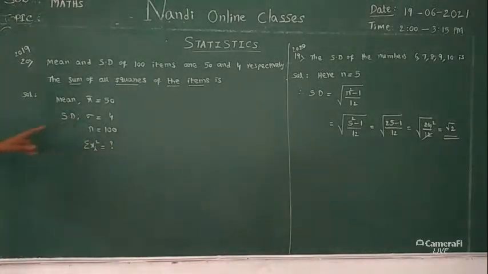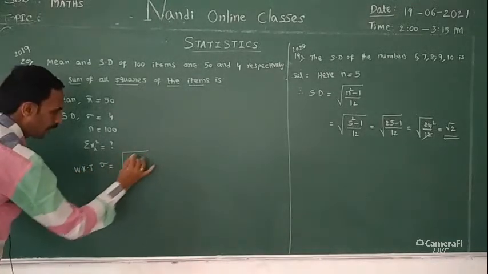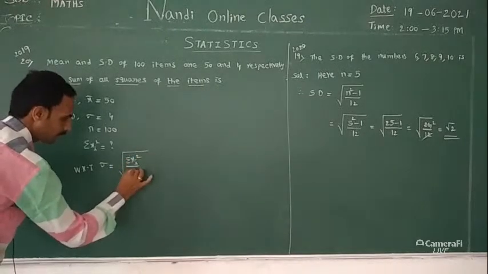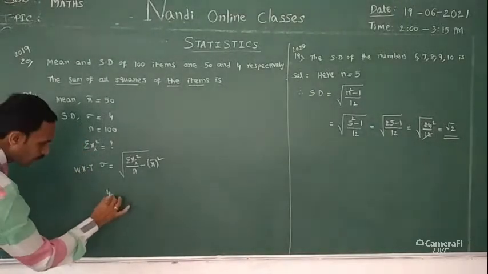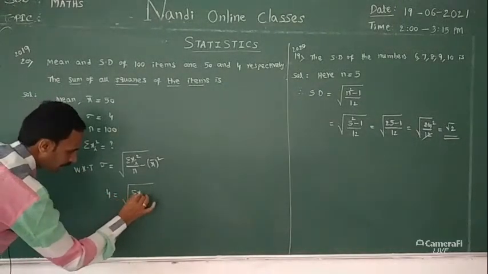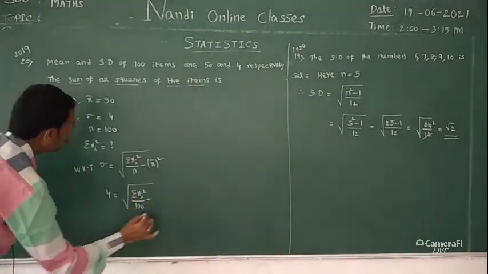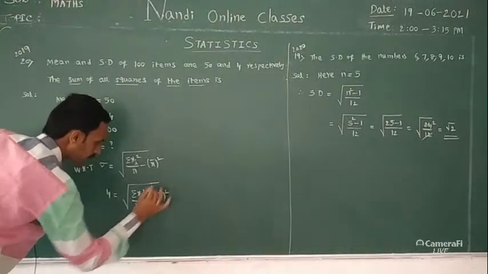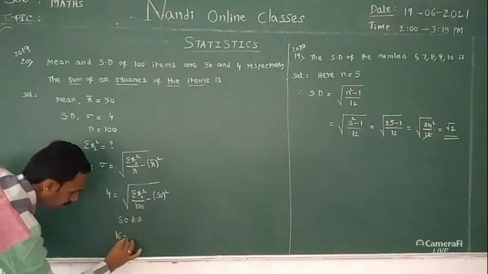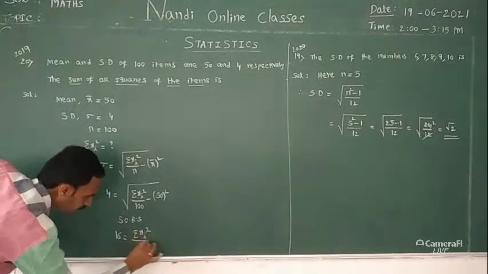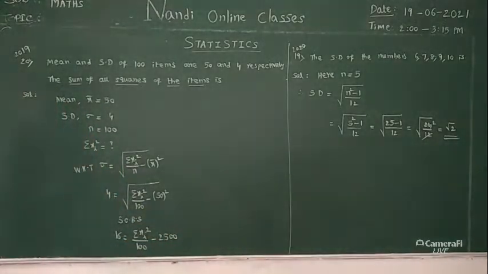Apply the standard deviation formula. We know that sigma formula is root of summation xi square by n minus x bar whole square. Sigma value 4 is equal to root of summation xi square by n, which is 100, minus x bar, which is 50, whole square. Root is there, so squaring on both sides. 4 square is 16 is equal to summation xi square by 100 minus 50 square, which is 2500.